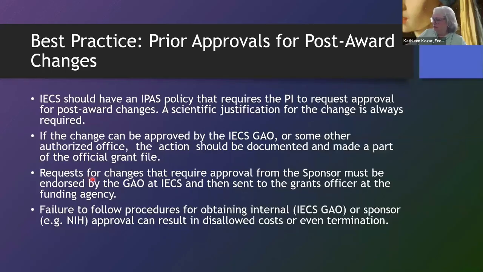Any requests for changes that require prior approval from the actual sponsor must be endorsed by the grants official, the authorized official at the institution, and then sent to the grants officer at the funding agency. Failure to follow procedures for obtaining internal approvals or sponsor approvals can result in disallowed costs or even a termination of a grant.